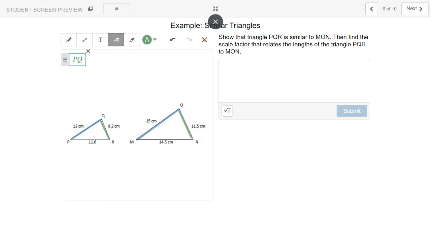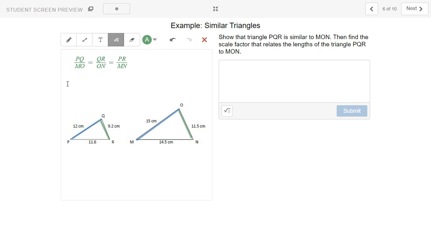I would have PQ over MO. This should be equal to QR over ON, and it would be equal to PR over MN. Now, when I substitute the numbers in, if all of the numbers are equivalent ratios, so they all equal each other, then I know that this is a similar triangle.